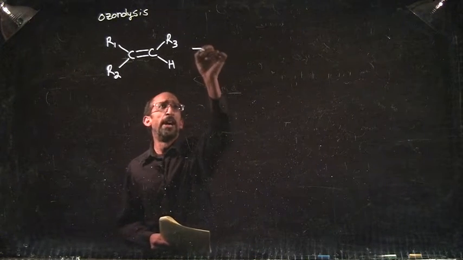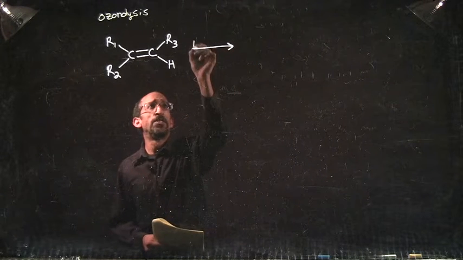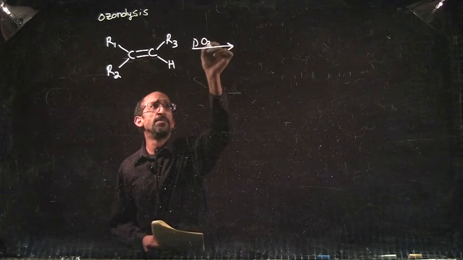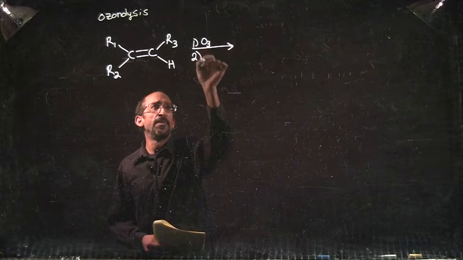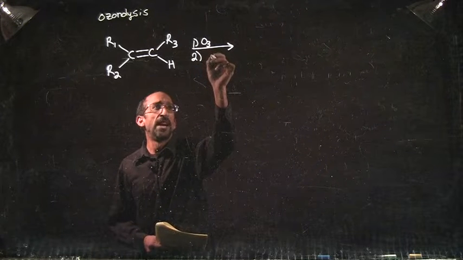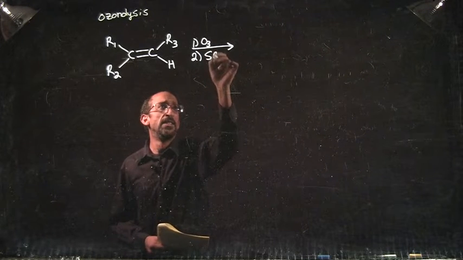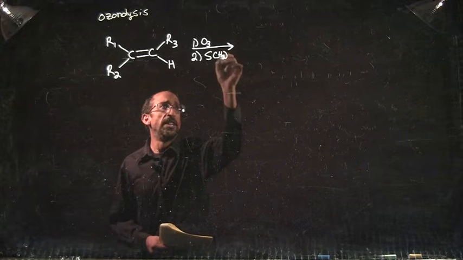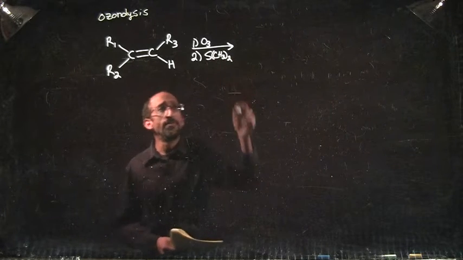In a reductive workup, right, first I'm going to treat with ozone, and then second I'm going to treat with dimethyl sulfide, S(CH3)2.